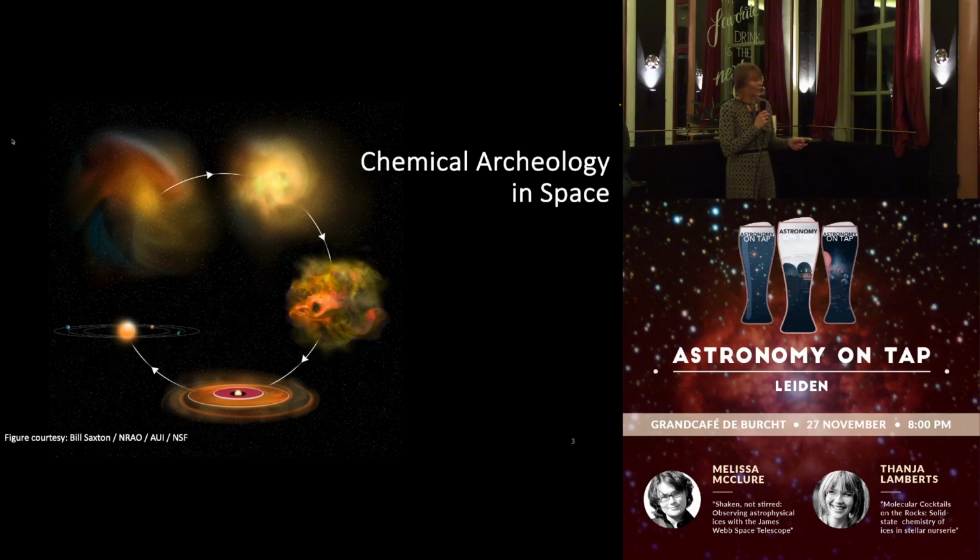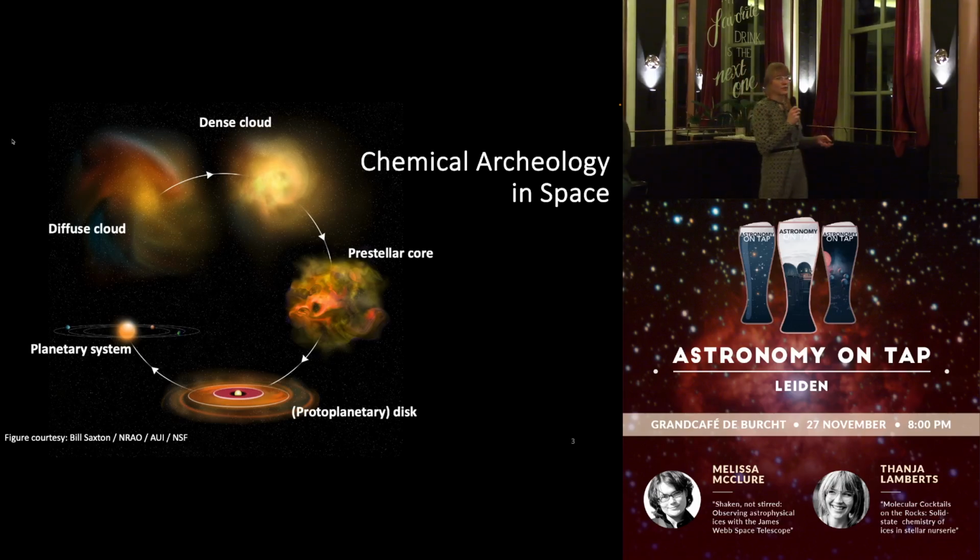And the way we like to think about that is that there are these different stages of the evolution of star and planetary systems that starts out with very low density, increasing density, until eventually at the core of what we call a cloud or prestellar core, a protostar is formed, disk surrounds that, and in that disk, planets can be formed. Okay. So now what I am particularly interested in is understanding the chemistry that takes place in the very early stages.